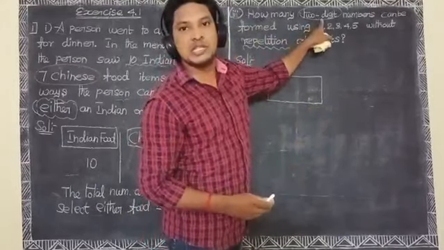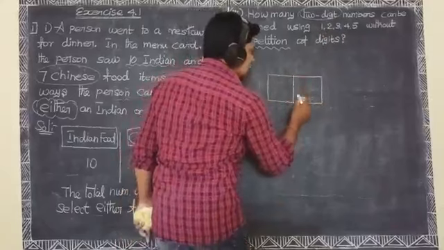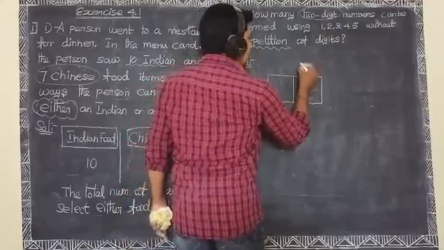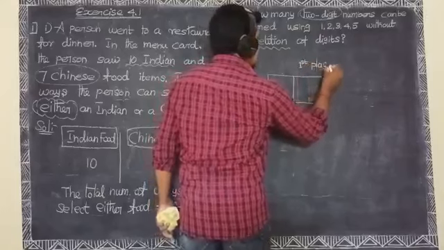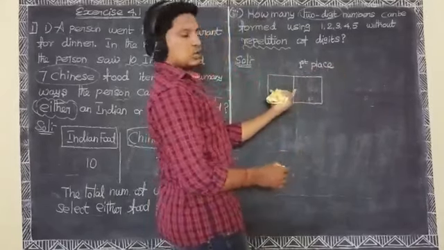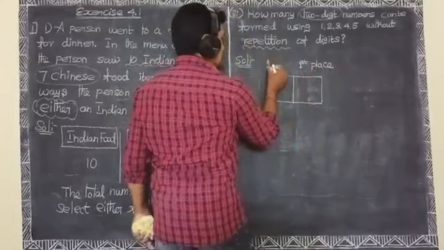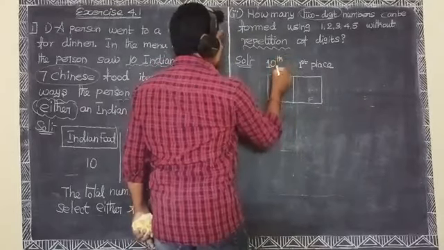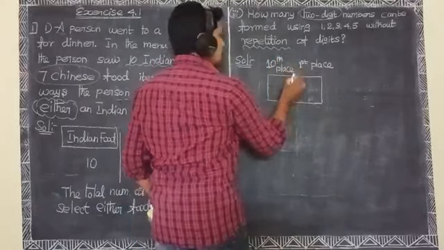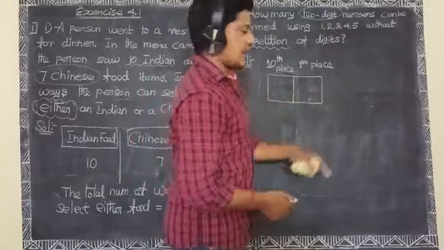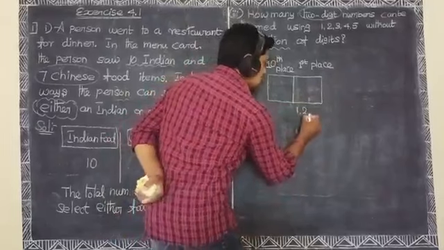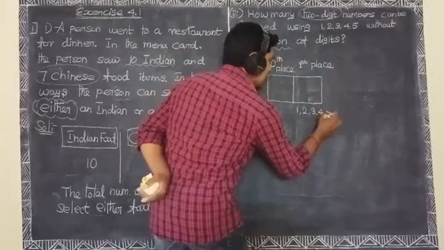Then the 2 procedures. Procedure 1 is the first place, that is the unit place. Procedure 2 is the 10th place. Here the given digits are 1, 2, 3, 4, 5.